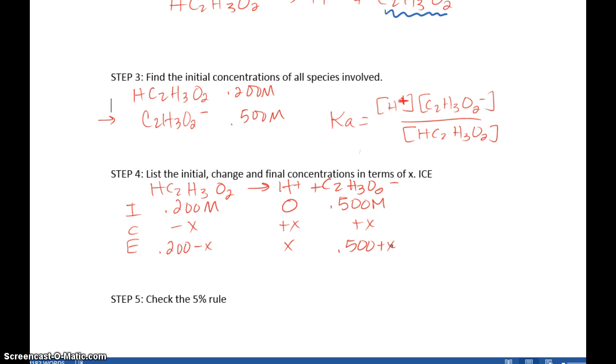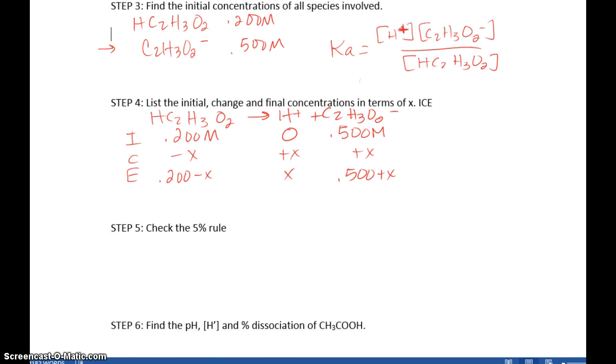My next step says to go ahead and check the 5% rule, but I haven't solved for anything yet, so I need to squeeze that in there. I really cut my steps down quite a bit, and so we need to make sure that we still do all of the things that we did before. So I'm going to go ahead and solve. I have 1.8 times 10 to the minus fifth as my K. Hydrogen, if I look at what hydrogen is, it's x.